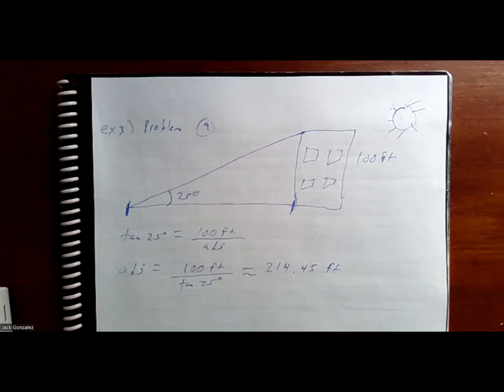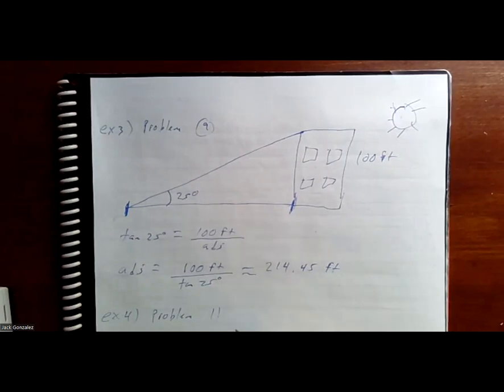Let's do one more and then we're moving on to something else. This is problem 11. Problem 9, they gave us a picture, but here they do not. So we got to draw it ourselves. A ladder that is 10 feet long leans against the side of a house. All right.